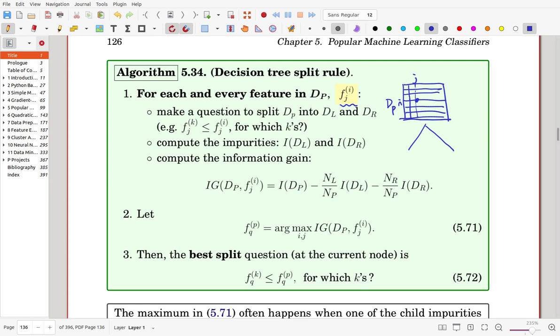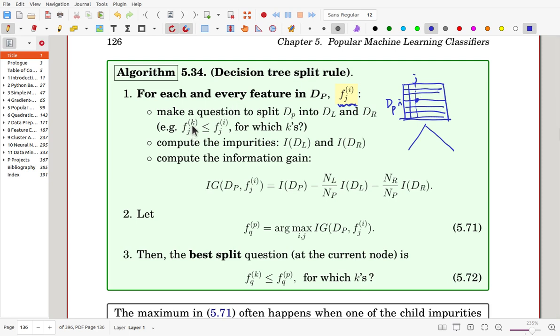That means that for every entry in the data set, we make a question. So we want to split the data set into a left child and a right child, and we want to ask the question in this way: the same column j is the same, but k is different.